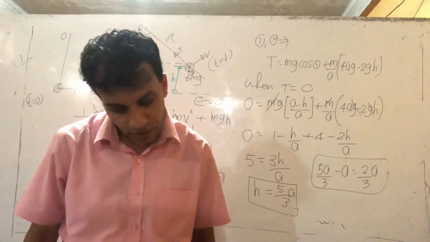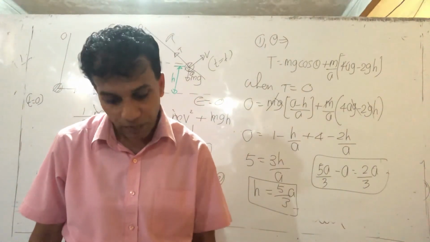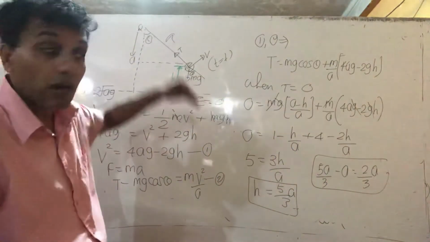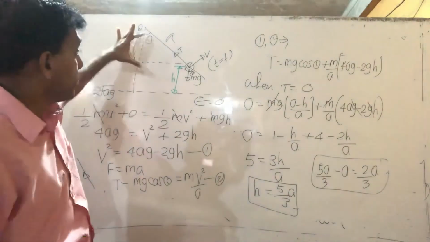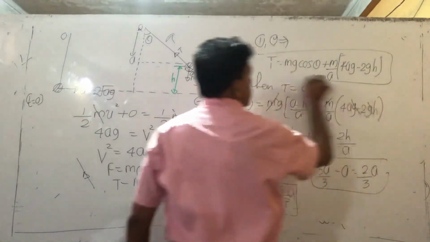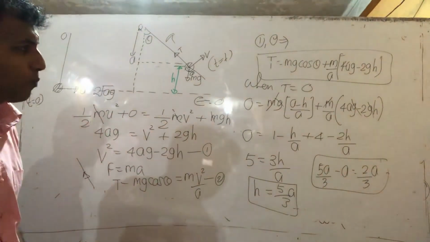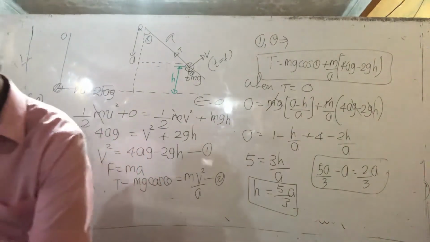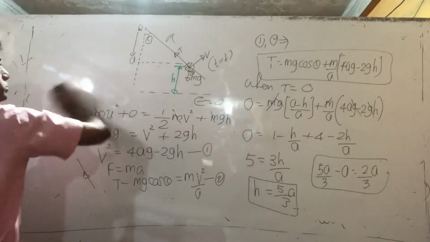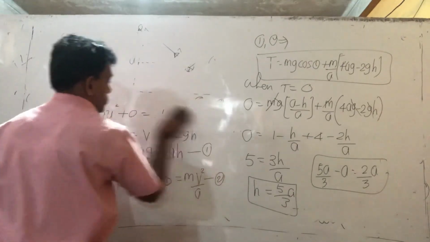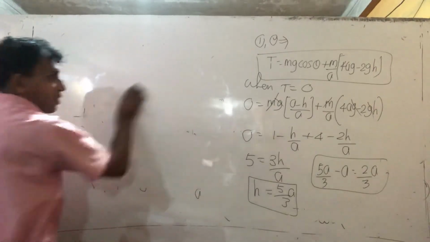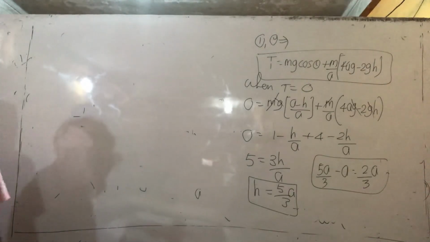Another part, go through and see. Find the tension in the string when the particle is at vertical height a by 3 from O. Then come to the answer. You have the T answer, so put that h and apply that expression. What is the tension when the height is that?